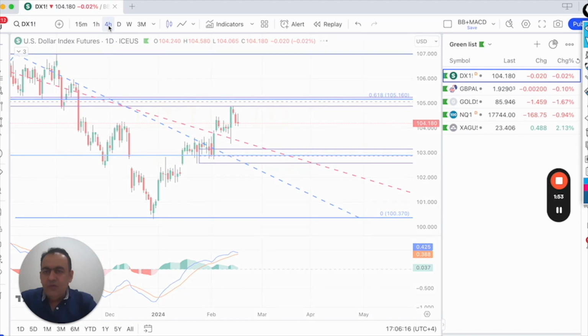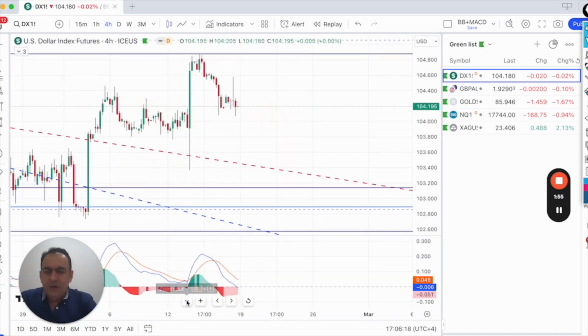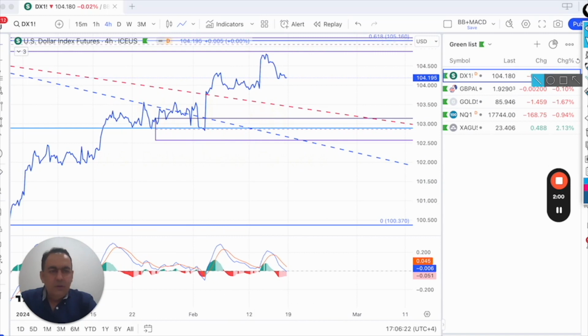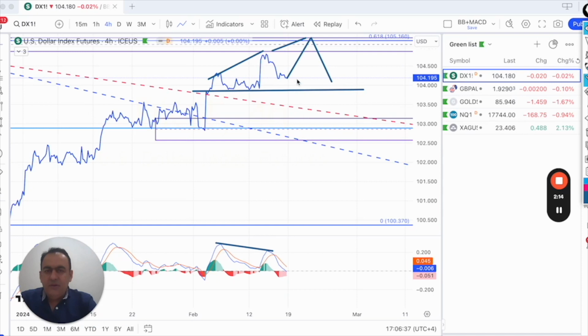Now let's move down to 4-hourly chart. On the 4-hourly chart, if again we turn it into a line chart, we have bearish divergence coming into play. Now until now it has not broken the BS level, so there could be one more push to the upside with one more high being created on the charts, another bearish divergence coming into play, and then it may continue its journey to the BS level.